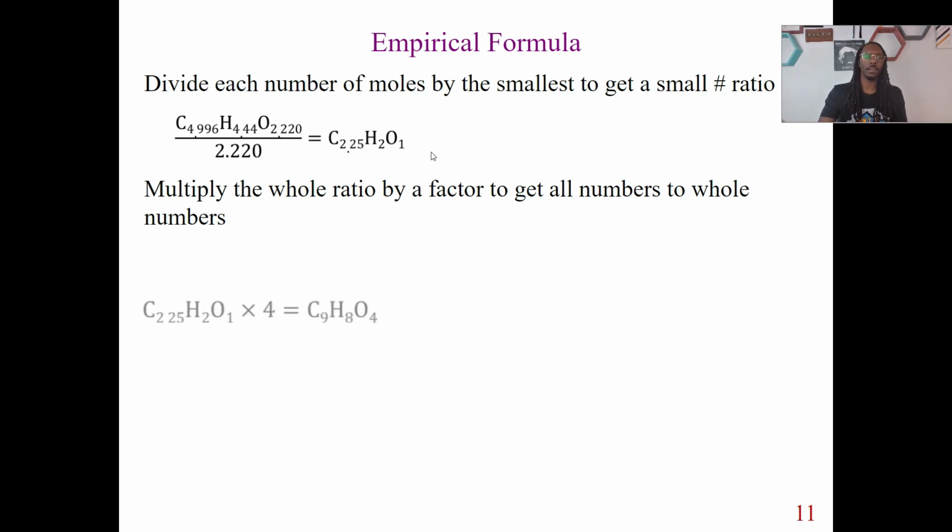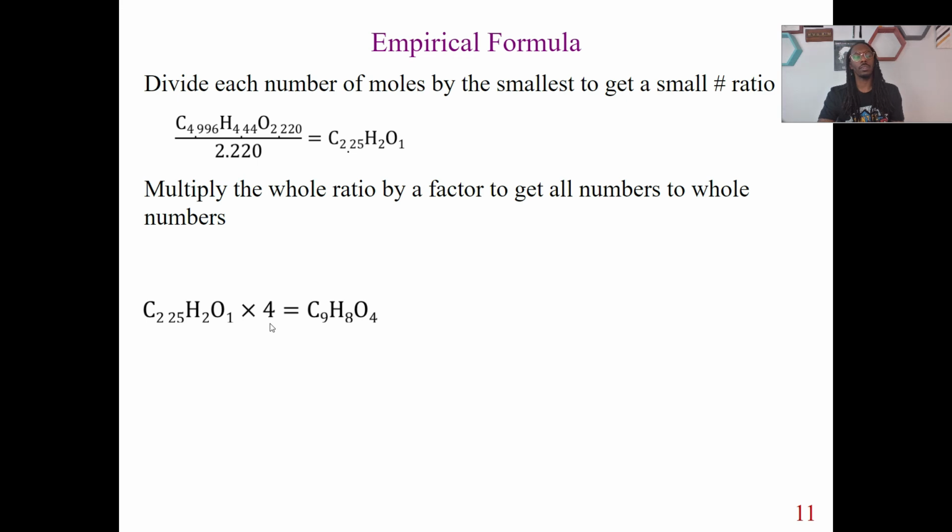So in order to do that, for 2.25, I will multiply this by 4. We've got to think of this as ratios, or you can think of it as percentages. If you've got 25%, you need 4 more to get to 100%, or a whole. So I'm going to multiply my 2.25 by 4.